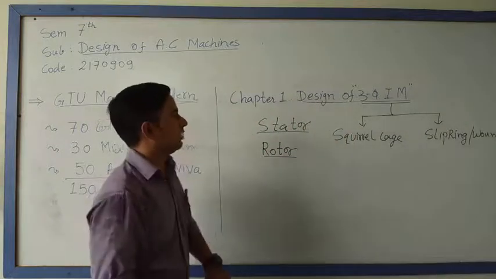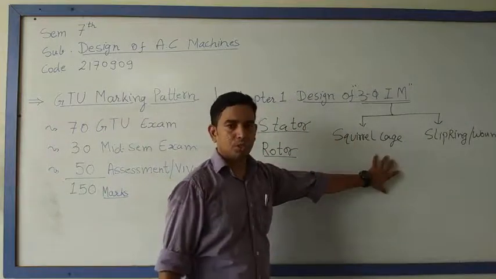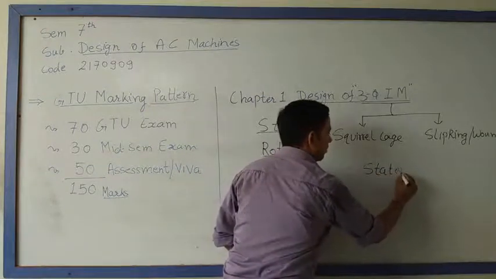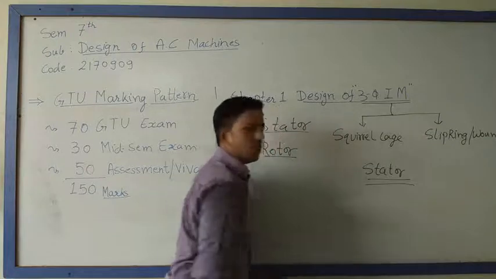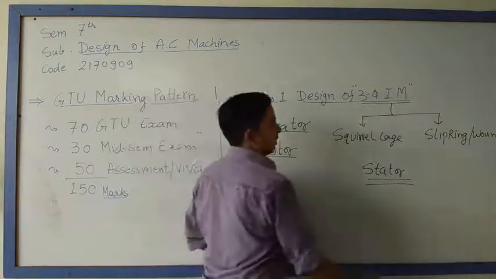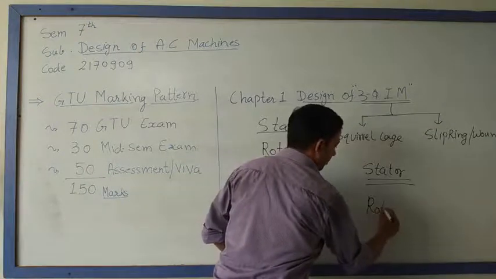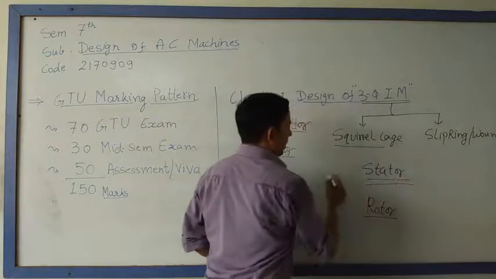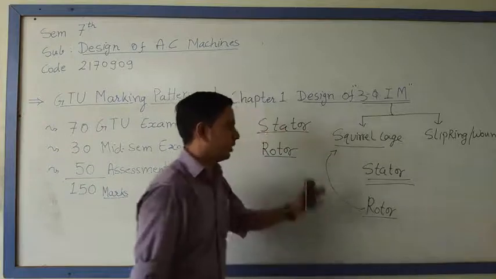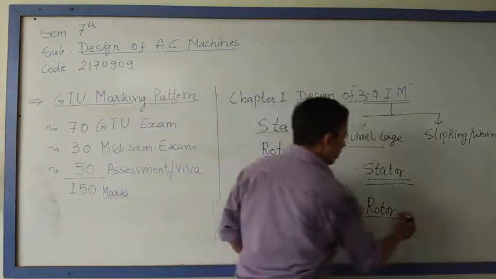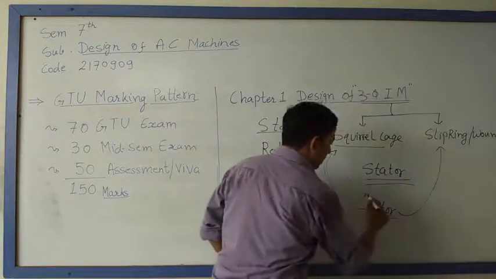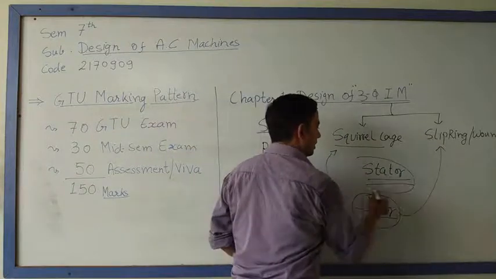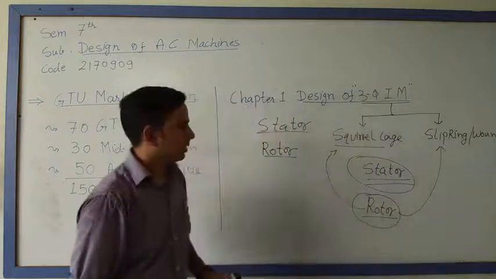In the construction of these 2 types of induction motors, the construction of the stator remains the same. What will change is the design of the rotor, whether it is a squirrel cage type or slip ring or wound type. The rotor is different and the stator will remain the same.